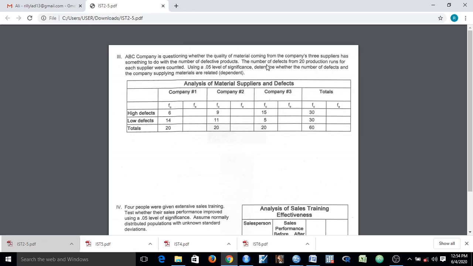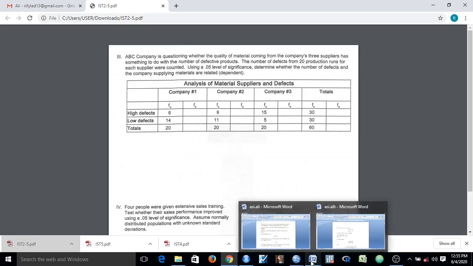So in order to do this, the company has taken the number of defects from 20 production runs for each supplier, and we see that for company 1, high defects 6 and low defects 14, company 2 has 9 high defects, 11 low defects, and company 3 has 15 high defects and 5 low defects. So we want to see if the number of defects is based on the company that is supplying the materials for us.